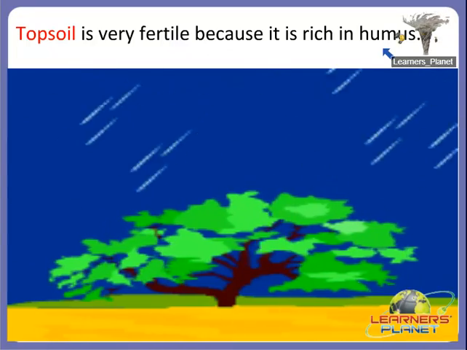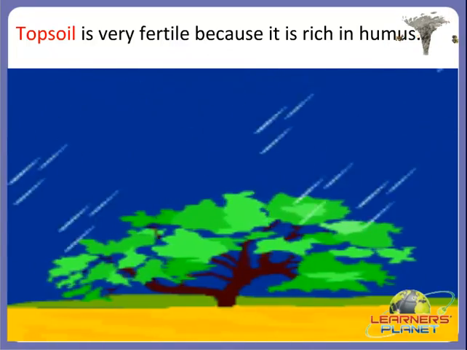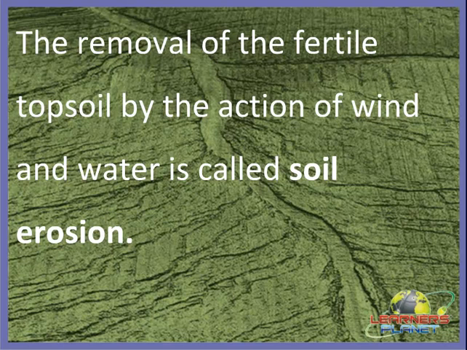humus. Alright children. So children, we can say that the removal of the fertile topsoil by the action of wind and water is called soil erosion. Right? So as we studied, topsoil is very fertile because it is very rich in humus. And topsoil is very important for the plants.